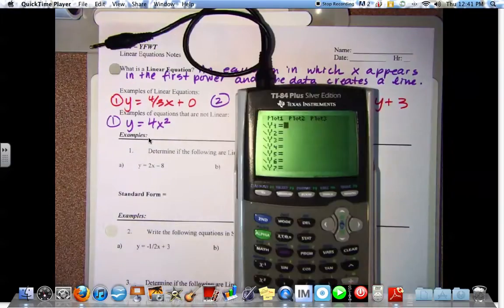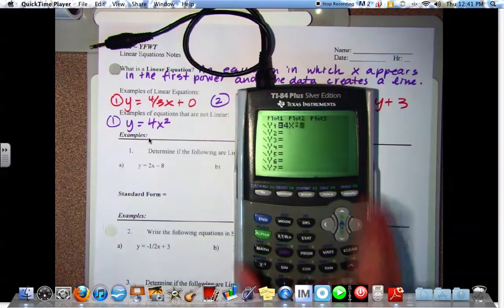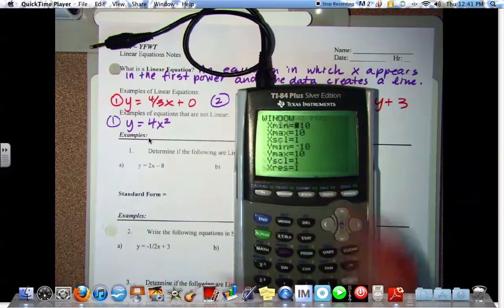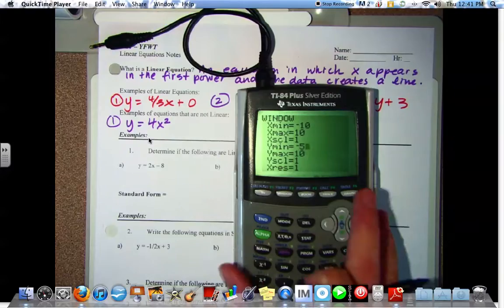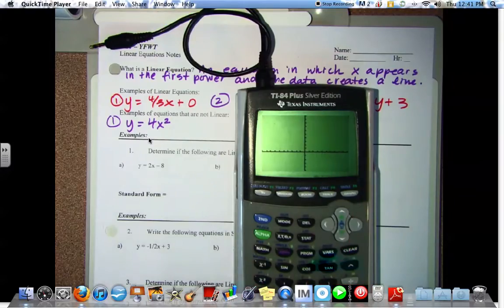And if you were to graph it, y equals 4x squared looks like this.